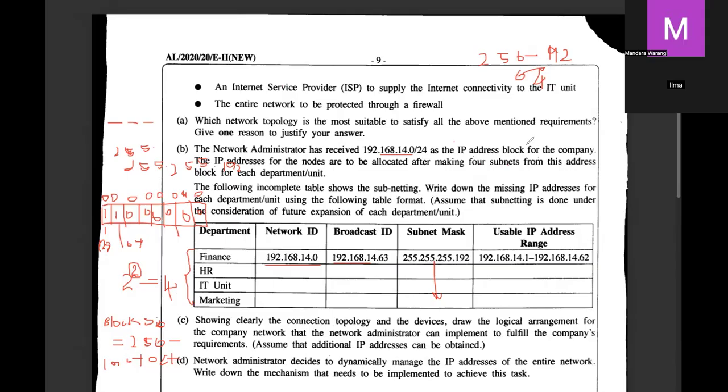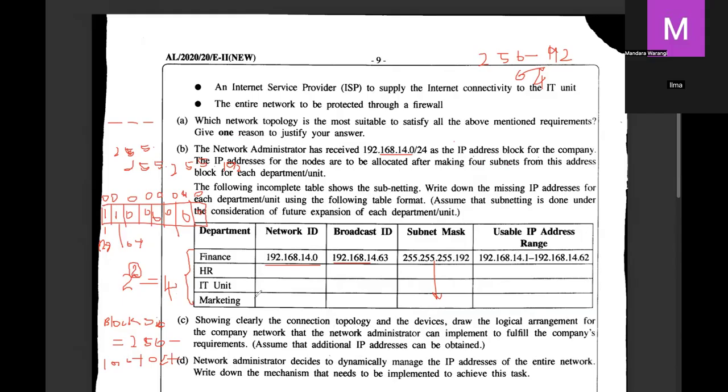The broadcast address is the address we use to send to all the devices in the network. We can't use the network address or the broadcast address, so from 1 to 62 is the usable IP range.